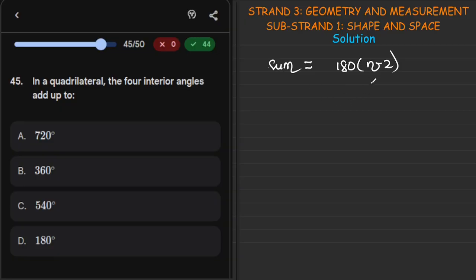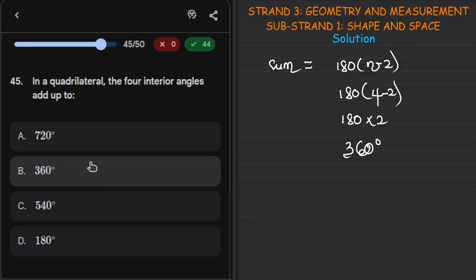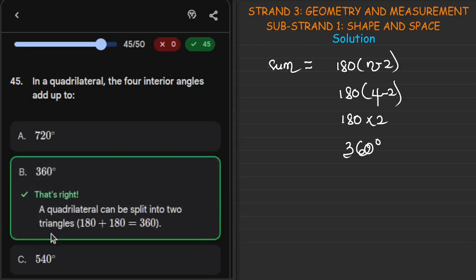The quadrilateral has 4 sides. So you have 180 into bracket 4 minus 2, which becomes 180 times 2. 180 times 2 gives us 360 degrees. And that is our B over here.